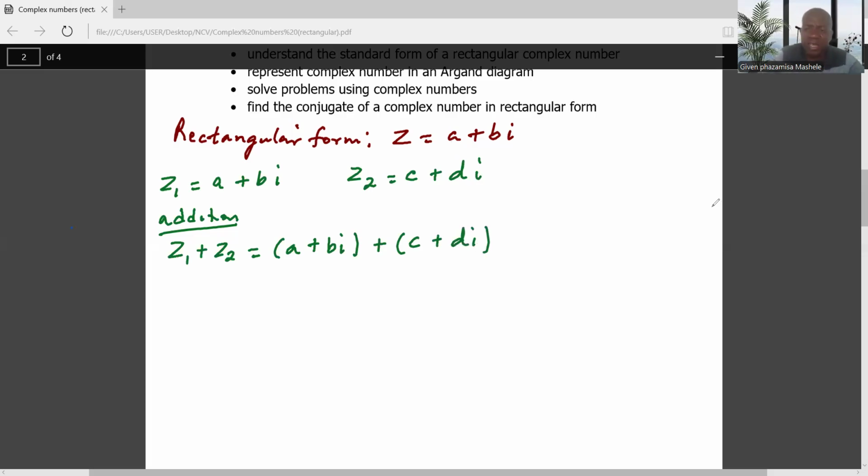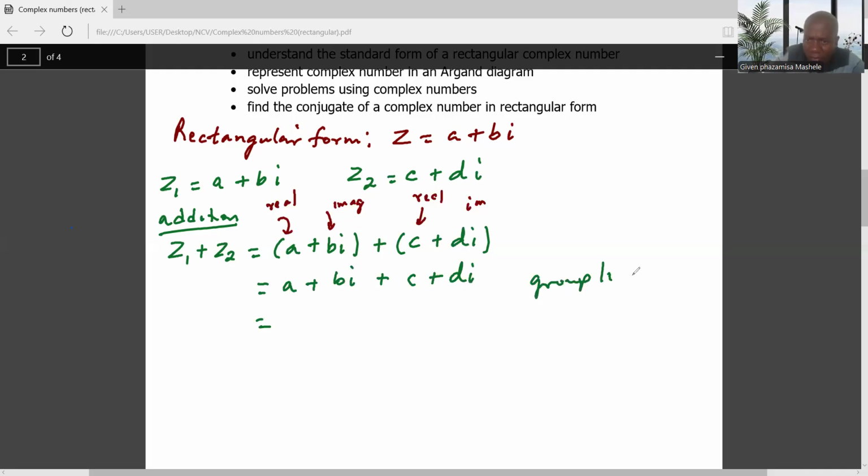We know very well that one part of this is the real part and the other is the imaginary part, and the same applies to the second number. So we can remove the brackets and group like terms, combining the real with the real and the imaginary with the imaginary.